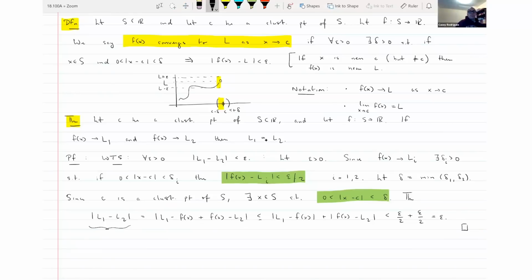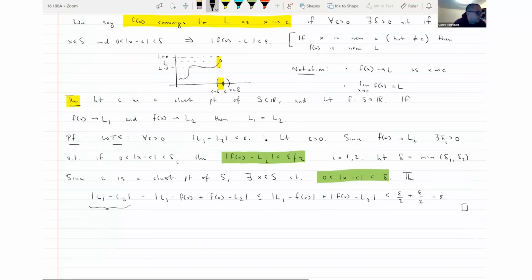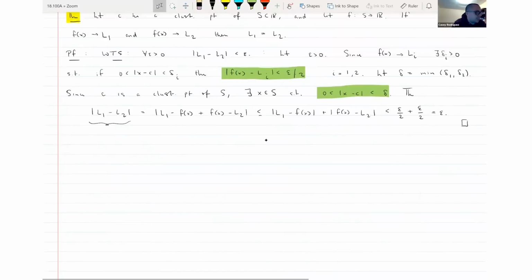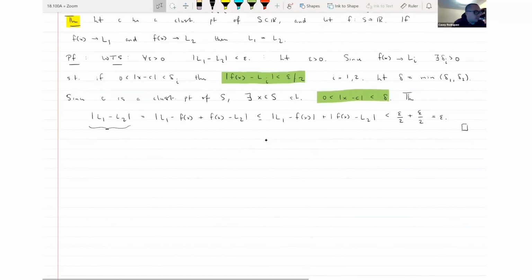Are there any questions about that? Okay, so not the most exciting theorem in the world, that this thing that we've defined, limit, is a unique thing for a function.